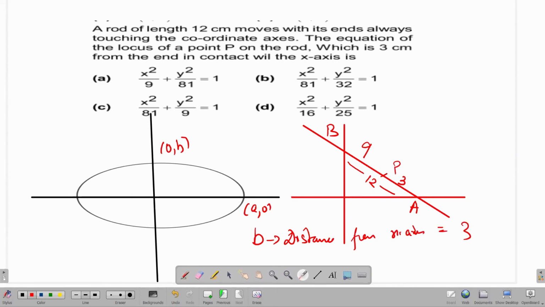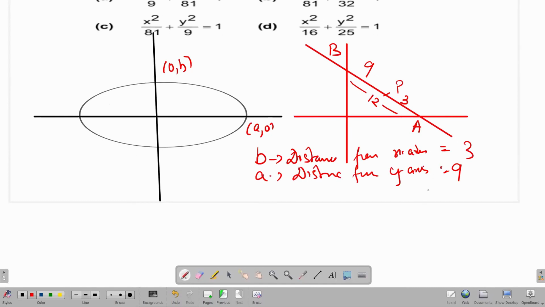How do we read this? This is the distance of a point from the x-axis. So since B is 3, A is the distance from the y-axis. So if this is 3, then in that case this comes out to be 12 minus 3, that is 9. So my B is 3 and A is 9.